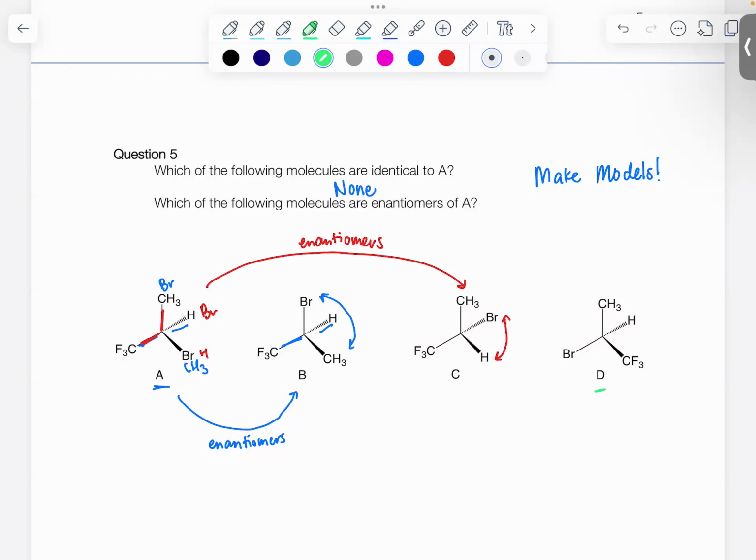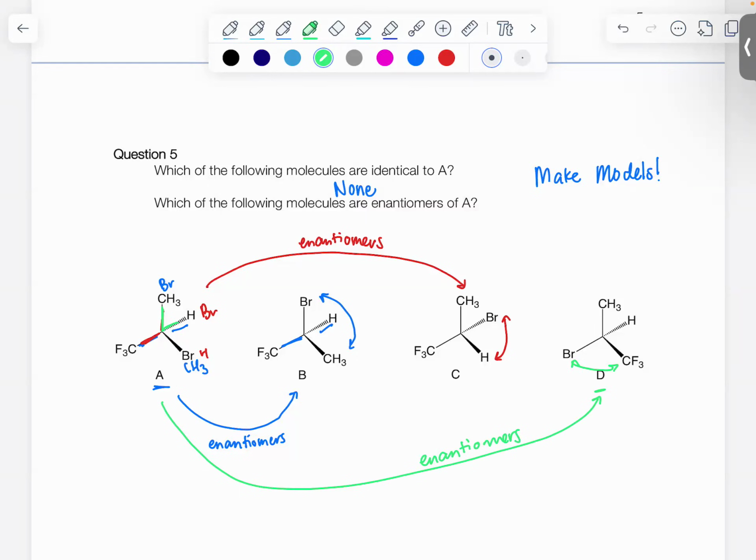Finally, we have this structure D, where CH3 is still in plane and is the same as A, and H, our proton, is also in the same position, but our bromine and our CF3 have been switched. So A to D is also enantiomers.